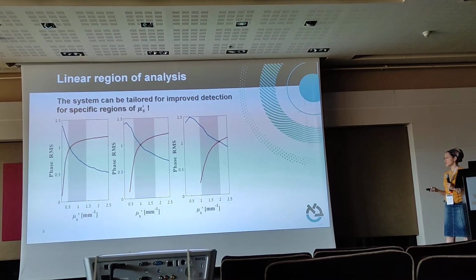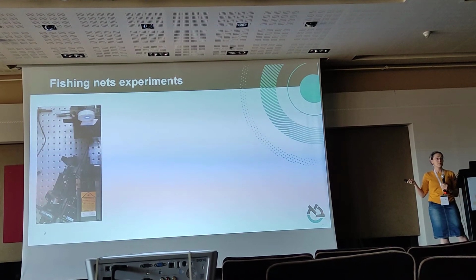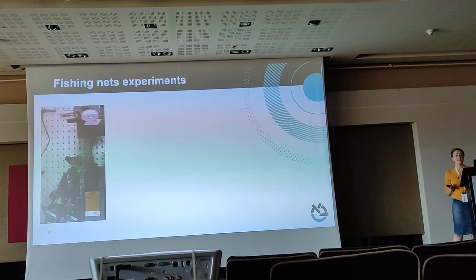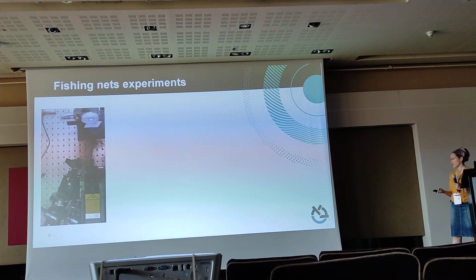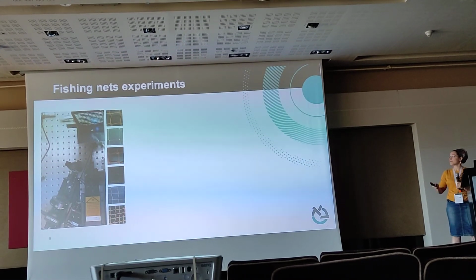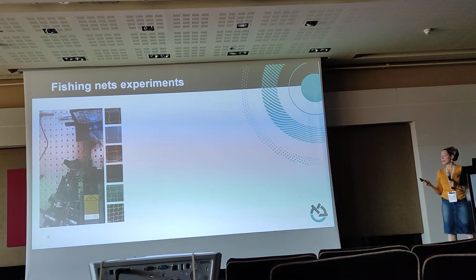Let's move on to fishing nets. You saw the experimental setup that we had in the lab, which all of these biological researchers used. We then replaced our sample with fishing nets. We measured 6 fishing nets that were collected from fishermen.